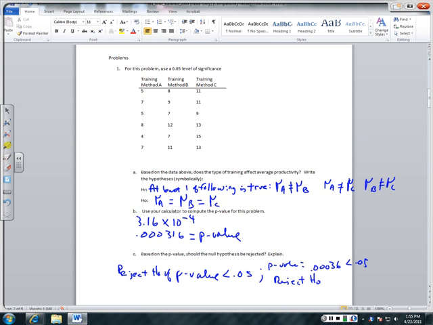So we could state that just like we've done p-values in the past.